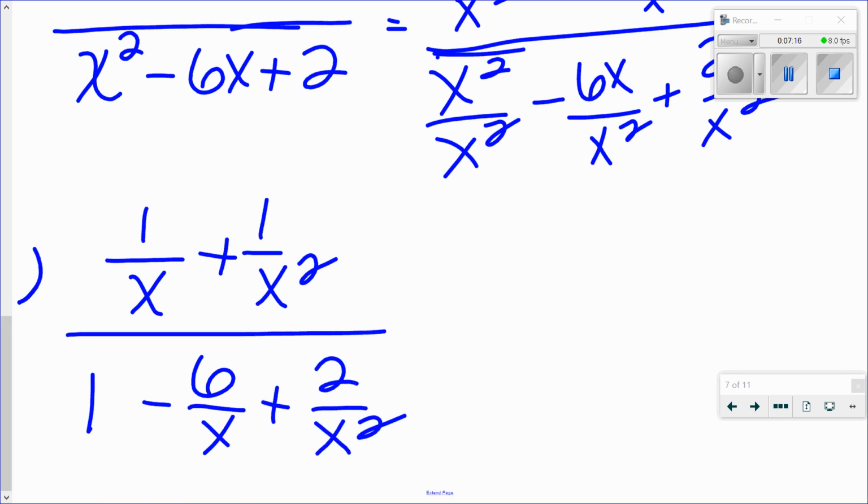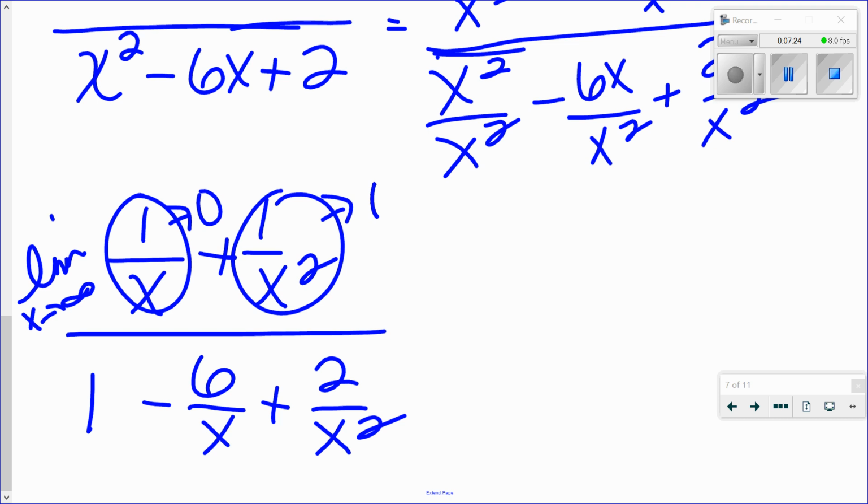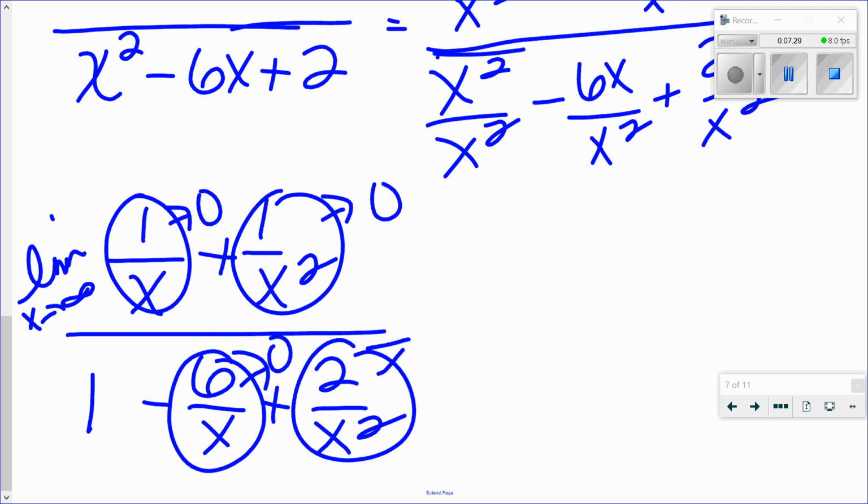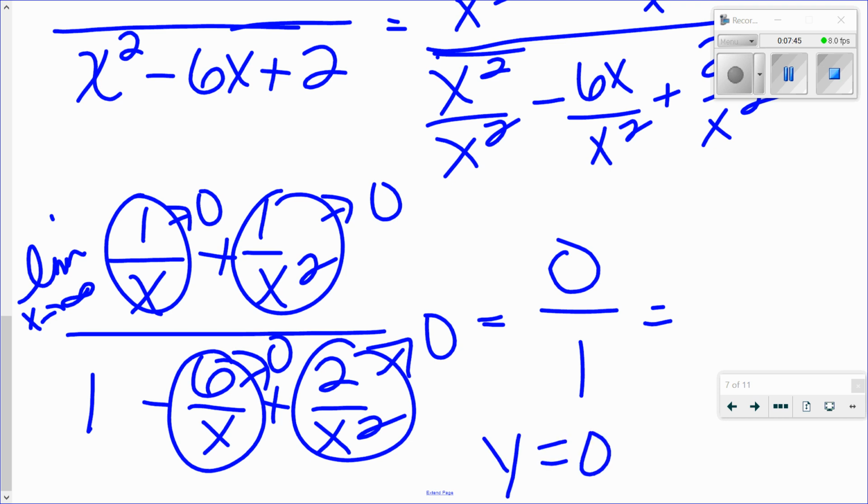All right, if I take the limit as x goes to infinity, this one goes to 0. This one goes to 0. This one goes to 0. This one goes to 0. Anything with an x in the bottom, when I make x get really large, is going to go to 0. So I'm left with 0 on the top and 1 on the bottom. And 0 divided by 1 is still 0. So for this one, it's y equals 0.